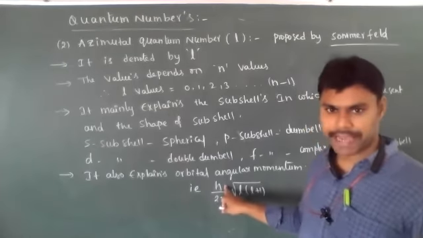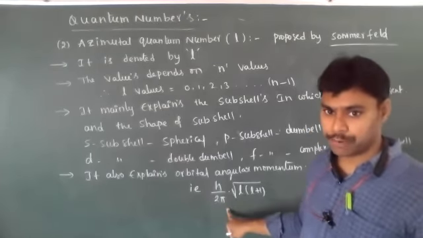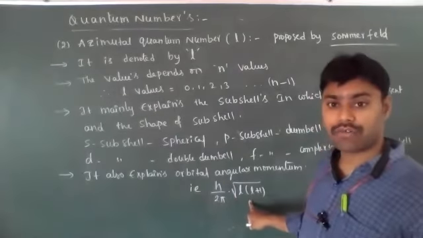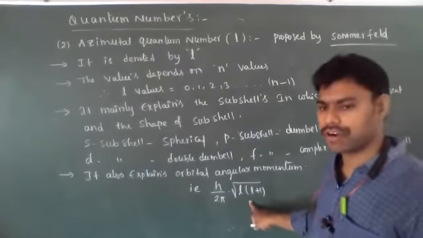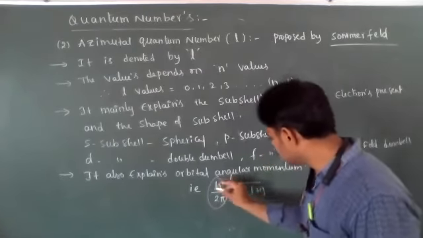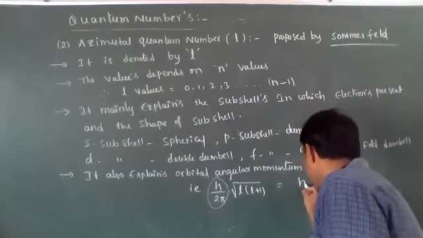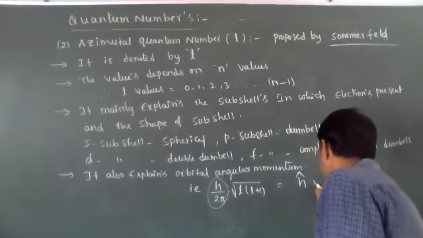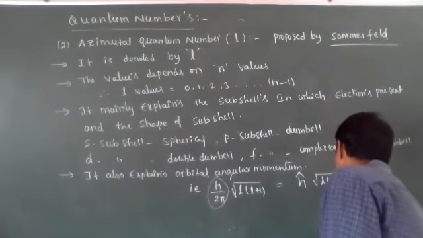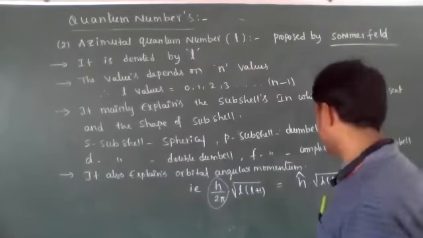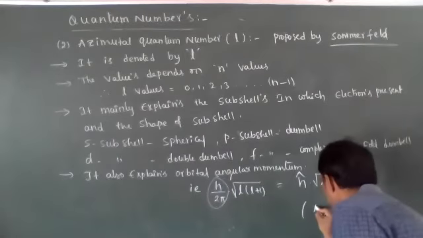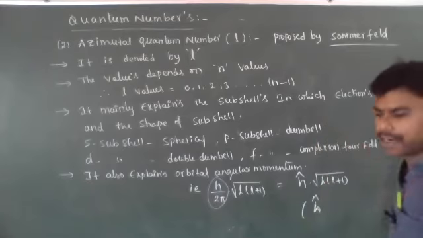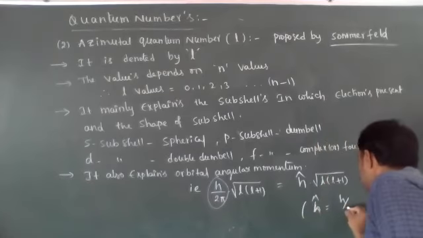Here h means Planck constant, pi is equal to 3.14, L means azimuthal quantum number. This h by 2 pi is also considered as h cap, into root over L into L plus 1. So keep it in your mind, h cap or h bar is equal to h by 2 pi.